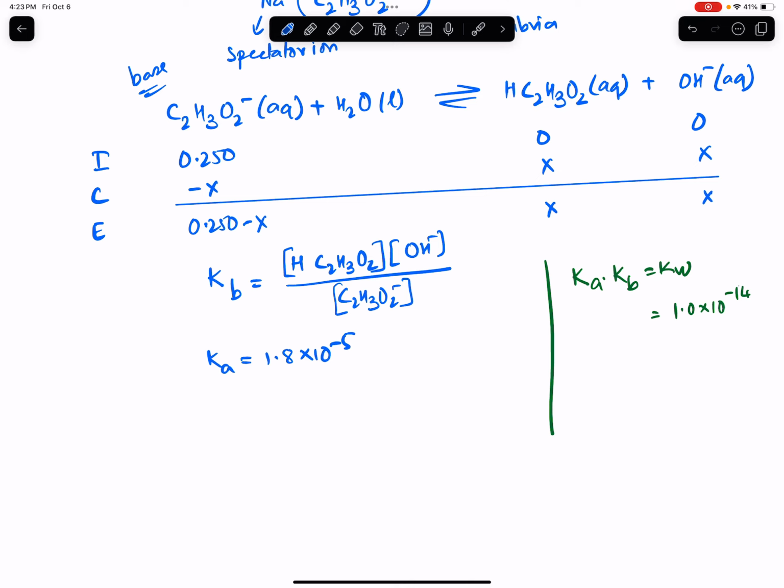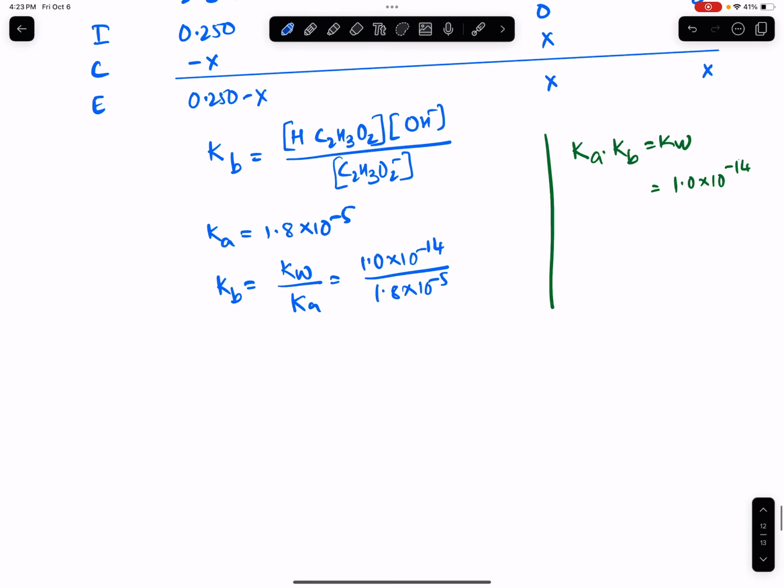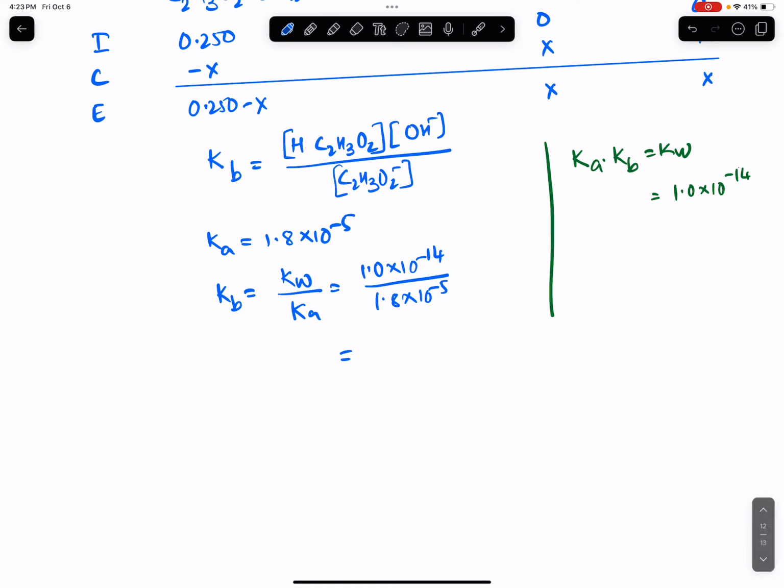We are trying to find Kb. So Kb is equal to Kw over Ka, which is 1.0 times 10 to the negative 14 divided by 1.8 times 10 to the negative 5. This is equal to 5.555 times 10 to the negative 10.